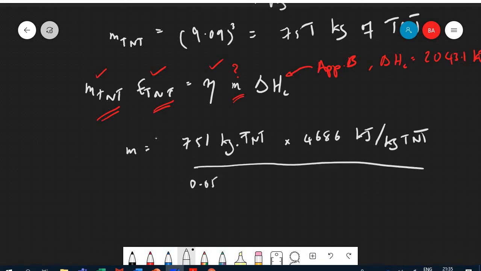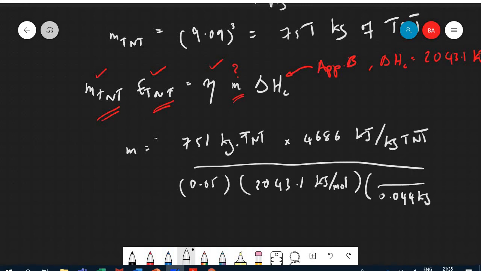This is multiplied by nu, and that is multiplied by 2043.1 kilojoules per mole, and divided by the molecular weight, which is 0.044 kilograms per mole.